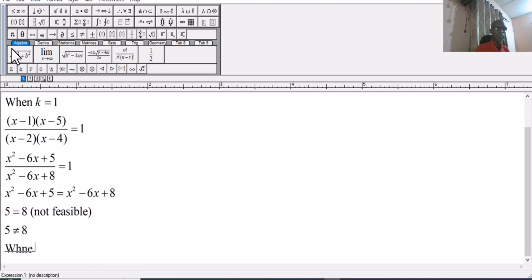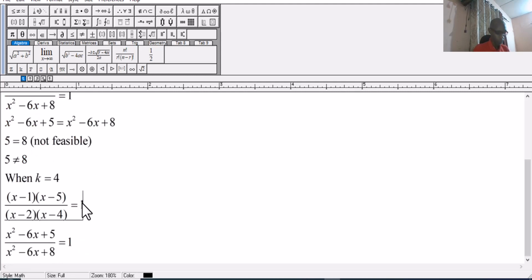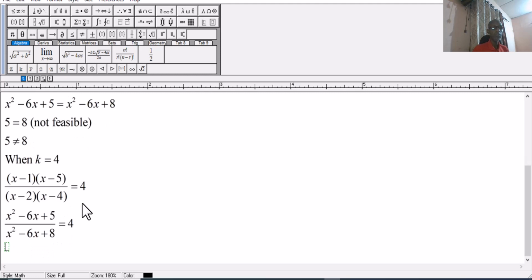So let's test when k equals 4. When k is equal to 4, we can equate this. I'm just going to copy this and change this to 4. Now what I need to do is just to cross multiply.